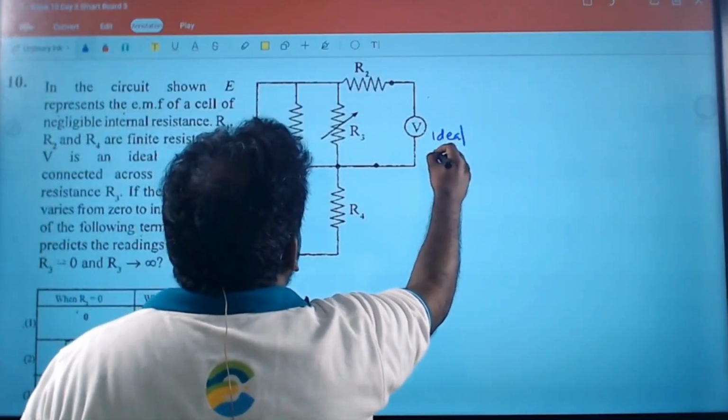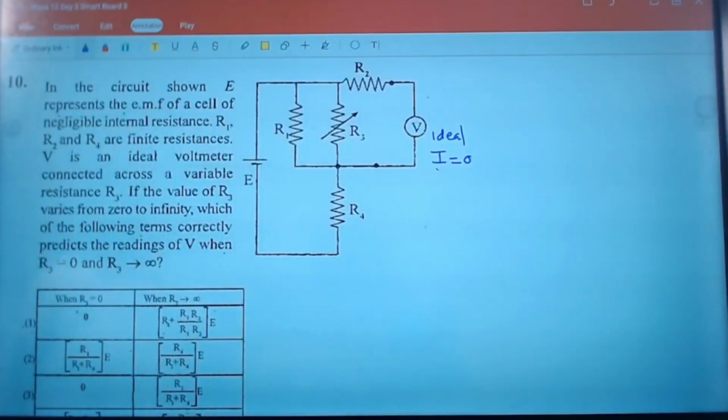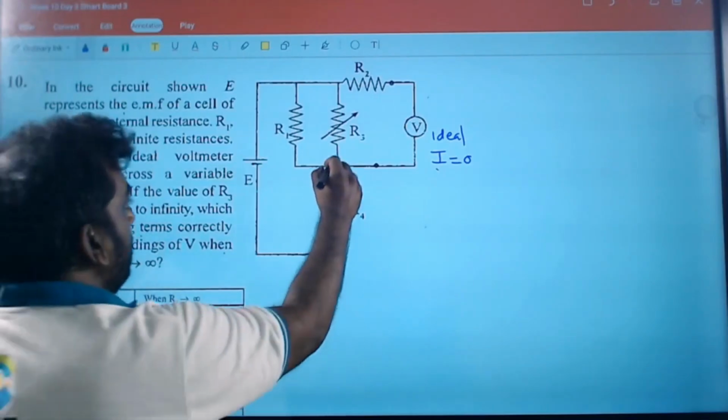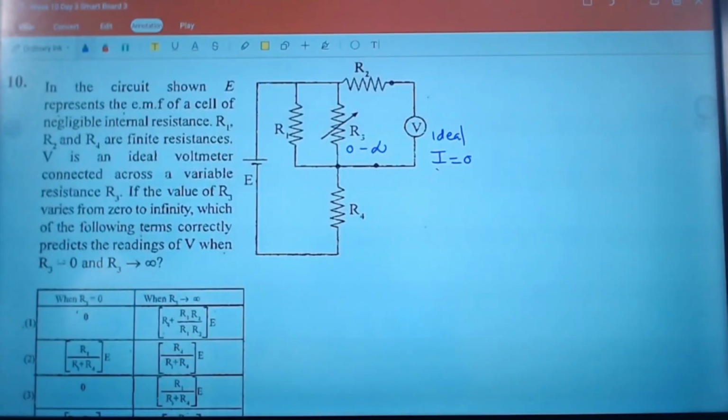Ideal voltmeter means current is going to be 0. If the value of R3 varies from 0 to infinity, which of the following terms correctly predicts the voltage when R3 equals 0 and R3 equals infinity?